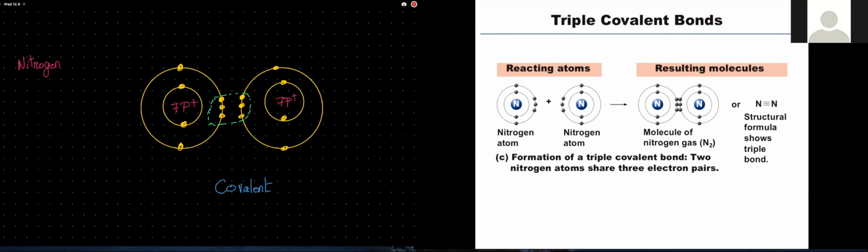And here, am I sharing 1 pair, 2 pairs, or 3 pairs of electrons? Sharing 3 pairs of electrons. So this is going to be a triple covalent bond.